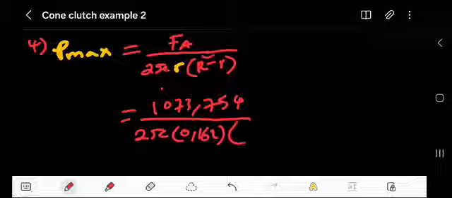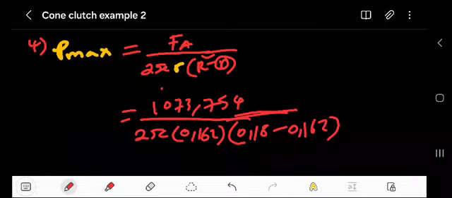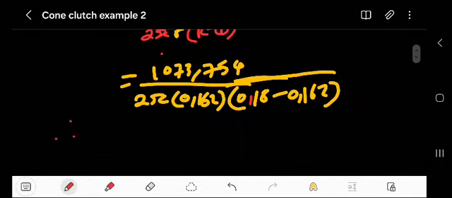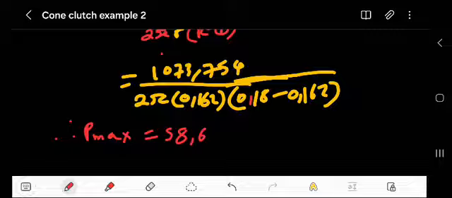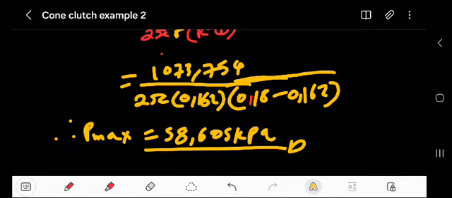Then big R, 0,18 minus the small one, which is 0,162. So if we punch this, what will be P max? 58,605. Remember, pressure, just converted it to kilopascal. So this is what you're supposed to know, guys.